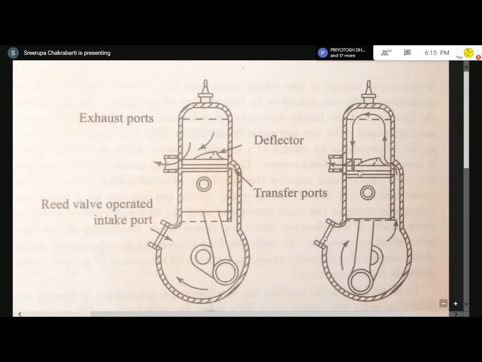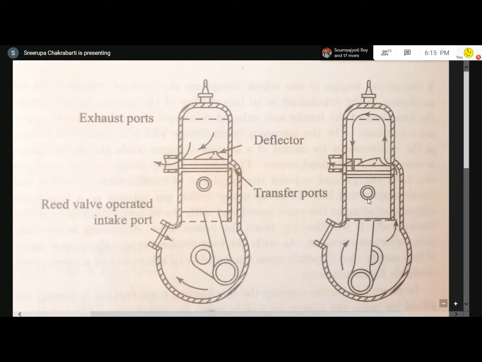Why is the piston given this sort of a shape? Because we want the piston to fit ideally with the cylinder. Both the piston and cylinder are cylindrical objects, but we want the piston axis and the cylinder axis to be exactly aligned. There should not be any misalignment.